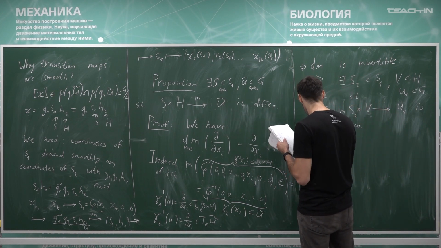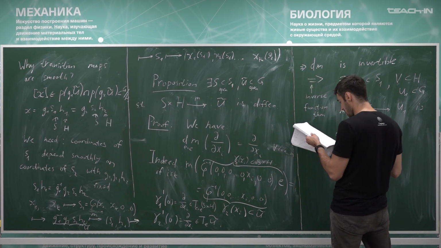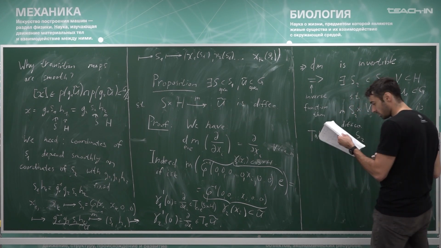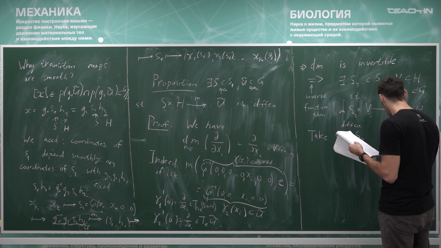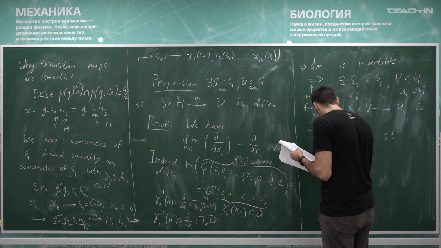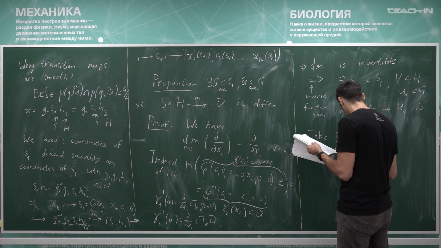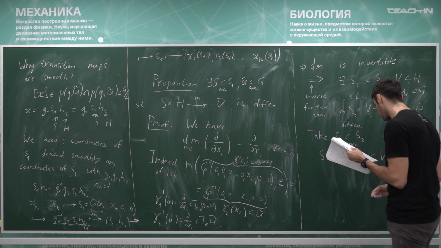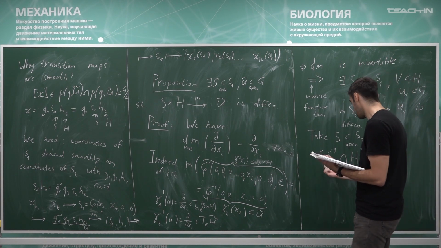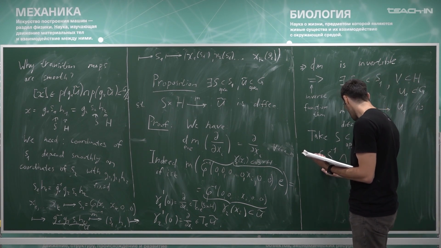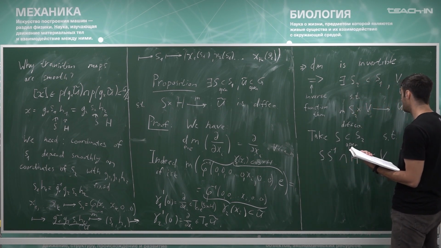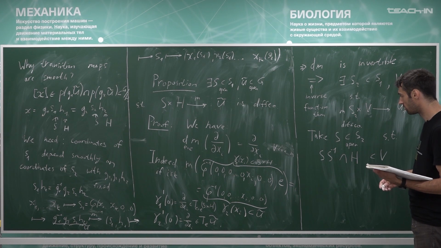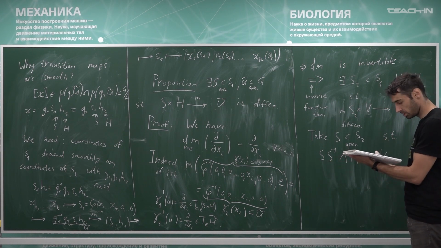We can take S from S2, an open subspace, so you shrink it a little bit, such that S inverse intersection with H is inside V. So you can take S small enough such that this intersection with H is inside V, which is in H. This is because of continuity of multiplication and of taking inverse.